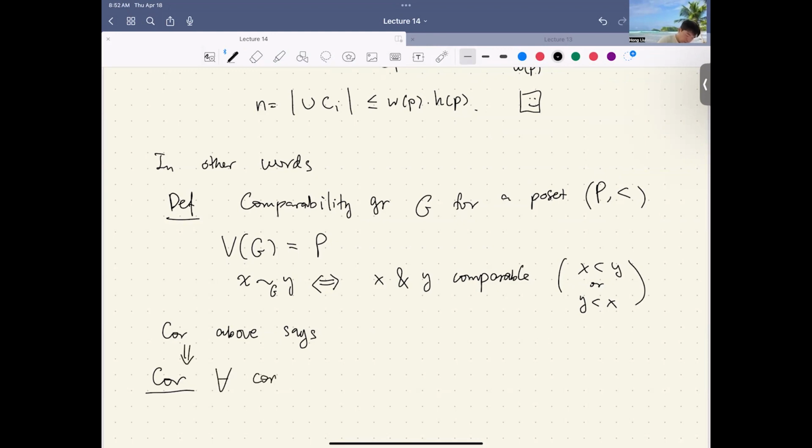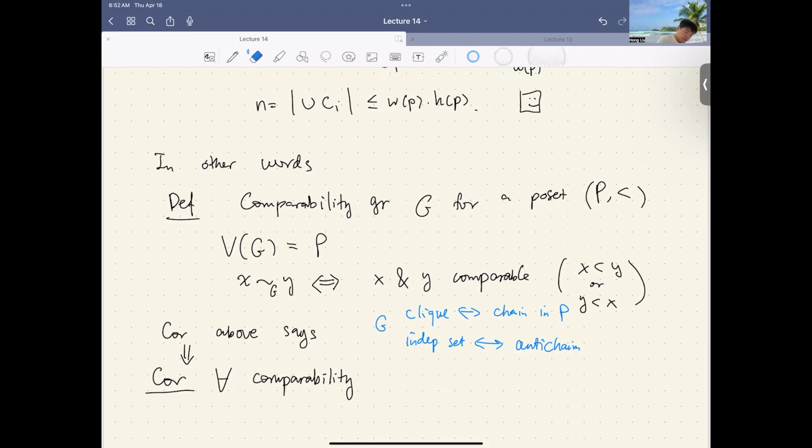For any comparability graph, so I forgot to say, here cliques are basically chains in P, and independent sets correspond to anti-chains.